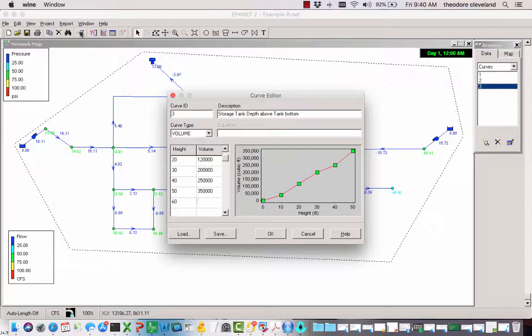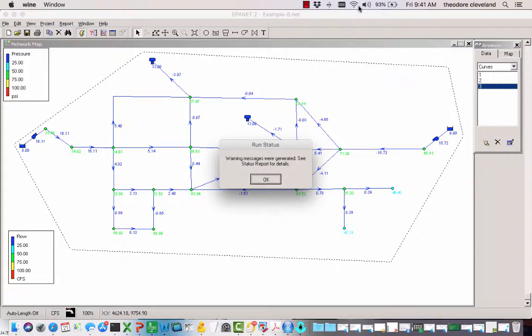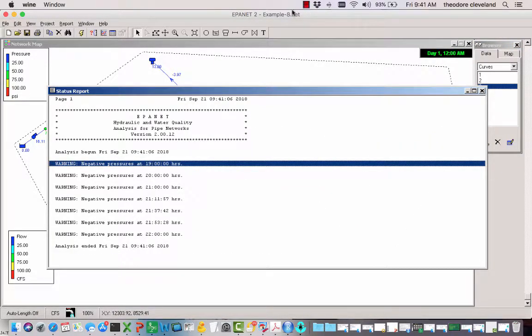I'll add 10 feet to the tank. I don't know, a 60-foot tall tank is going to be a lot. And following my pattern, it will be 400,000 cubic feet. These are huge tanks. And now it's still not obeying me. What have I done incorrect?